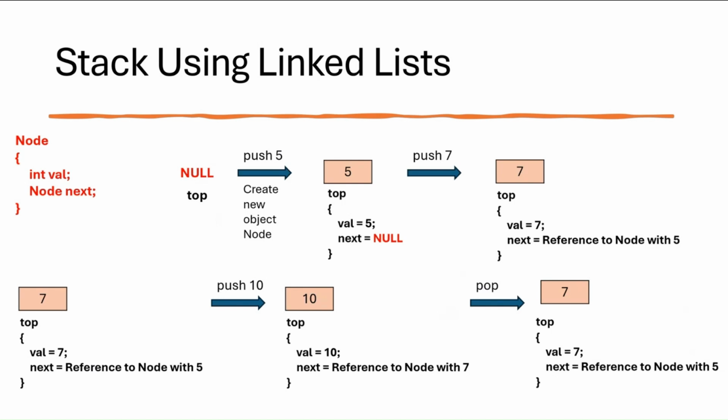So in this way, using a linked list, there is no predefined memory assigned, and there is no resizing happening. It creates the object whenever required, but it has some disadvantages. It will require more memory because it needs to maintain the next object reference, right?